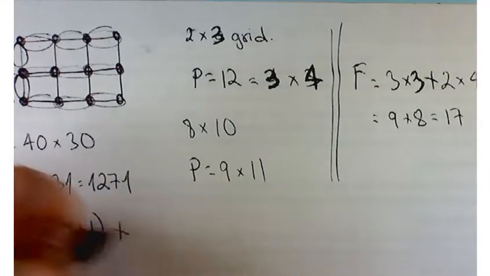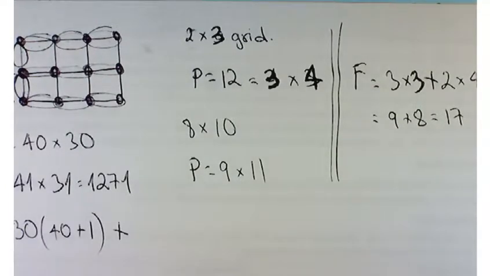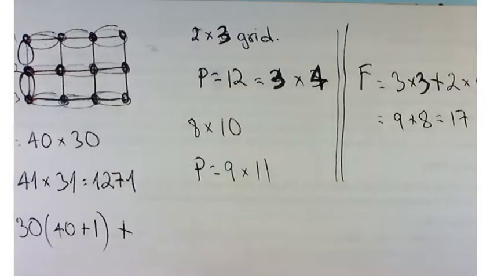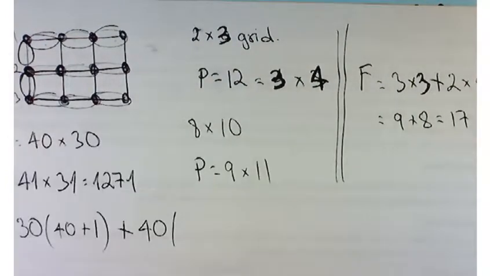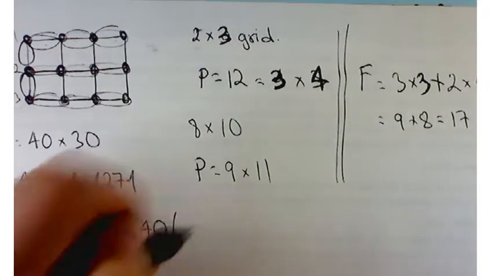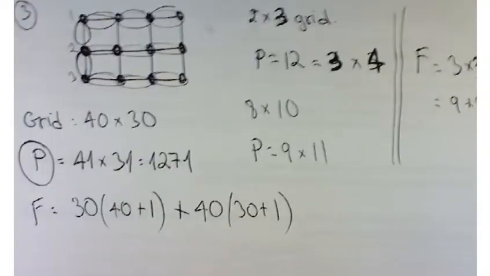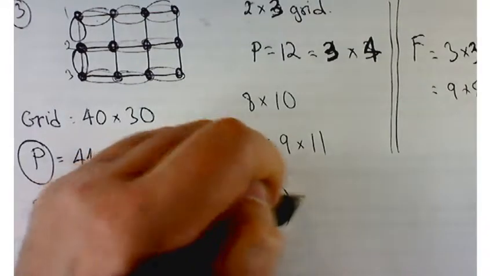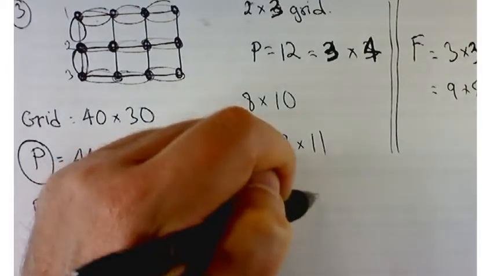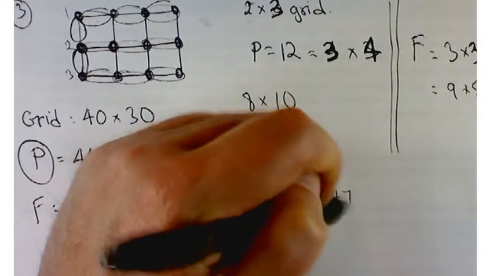And for the vertical, I got the 40, and I multiply by the number of columns plus 1, which was 30 plus 1. And if I come up with the answer, this is 2,470.